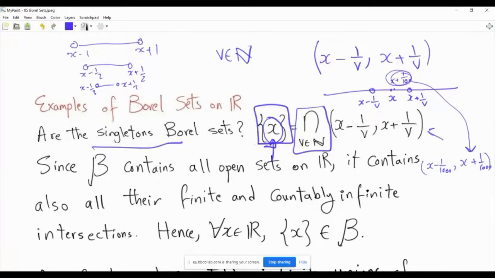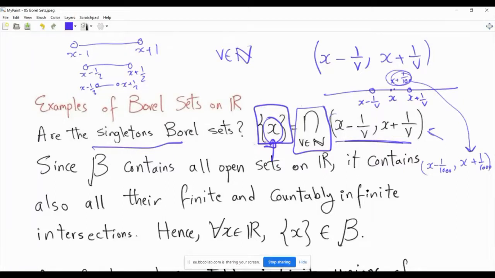So what is the conclusion? Each one of those open intervals is by definition part of the Borel sigma algebra, because it includes all open intervals on the real axis. And from the properties of a sigma algebra, we know that it contains all finite and countably infinite unions and intersections of its elements.